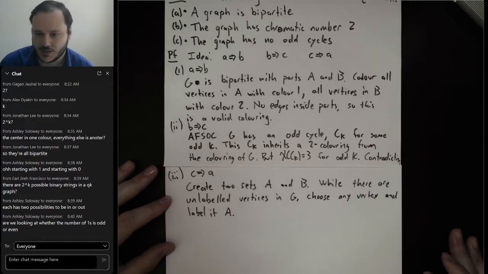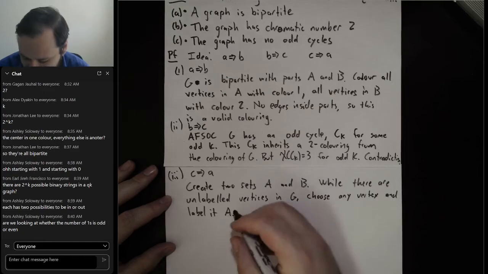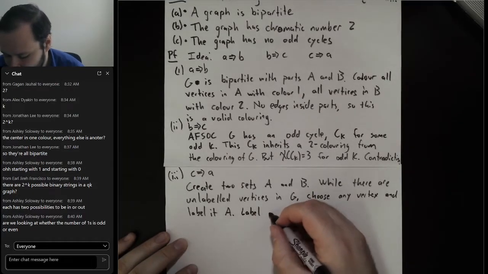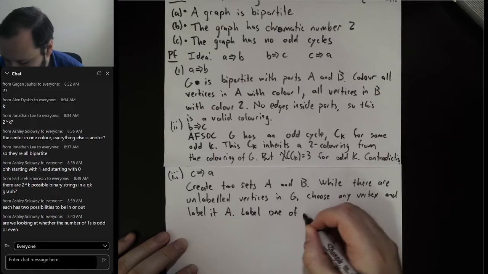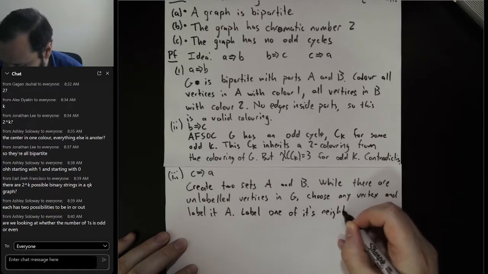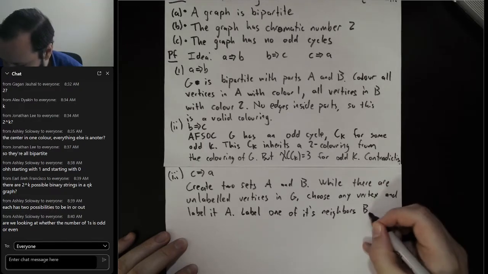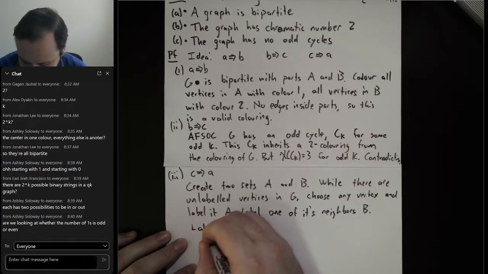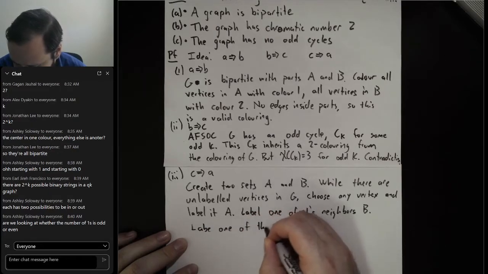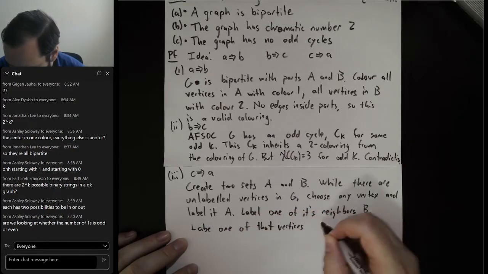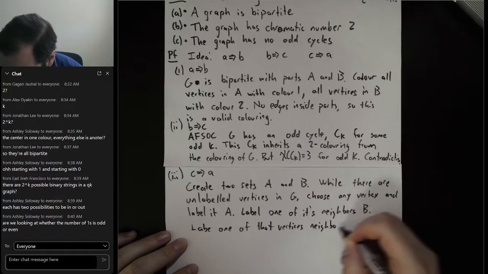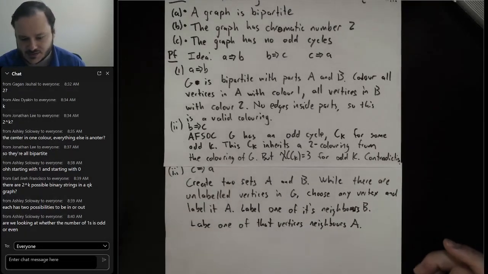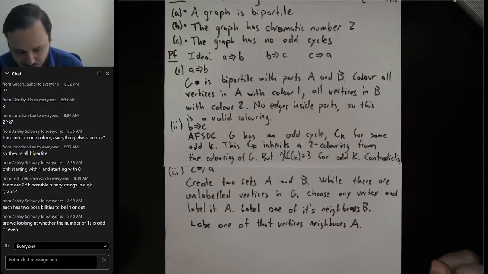Then label one of its neighbors B. Then label one of that vertex's neighbors A. And then continue this process until you reach a vertex with no unlabeled neighbors.